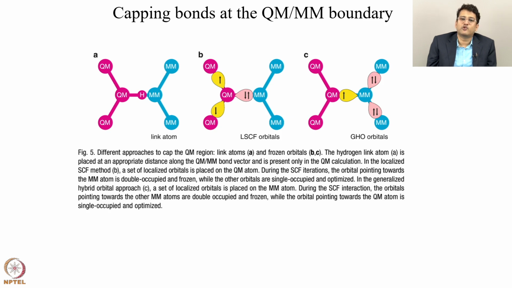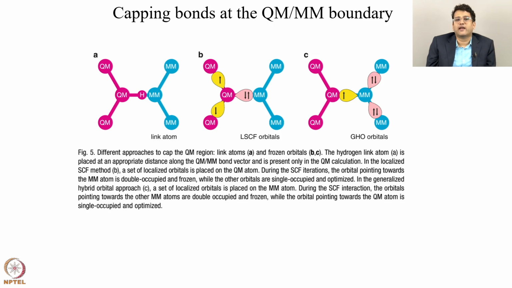If the boundary goes through a double bond, cutting that will lead to a very huge amount of error, and that should be avoided in every case. As a general guideline, you should never cut a bond which is double bonded, triple bonded, or even if it is not double bonded, if it is involved in some kind of conjugation, in that case also you should avoid it.